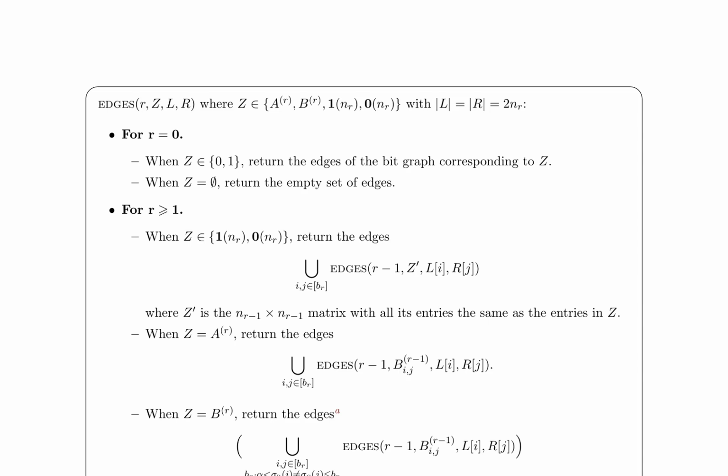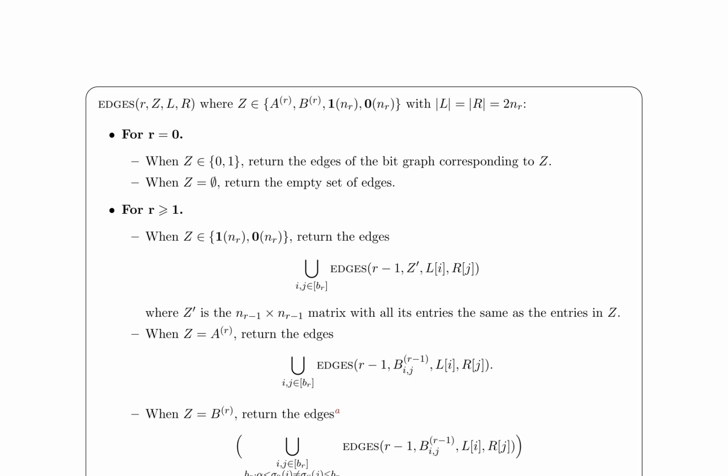When z equals B_r, return the edges (i, j) element of [b^r] with alpha less than sigma_r(i) not equal to sigma_c(j) less than or equal to b^r, edges_{r-1}(B_{r-1}^{i,j}, L_i, R_j), union (i, j) element of [b^r] with alpha less than sigma_r(i) equals sigma_c(j) less than or equal to b^r, edges_{r-1}(A_{r-1}^{i,j}, L_i, R_j).